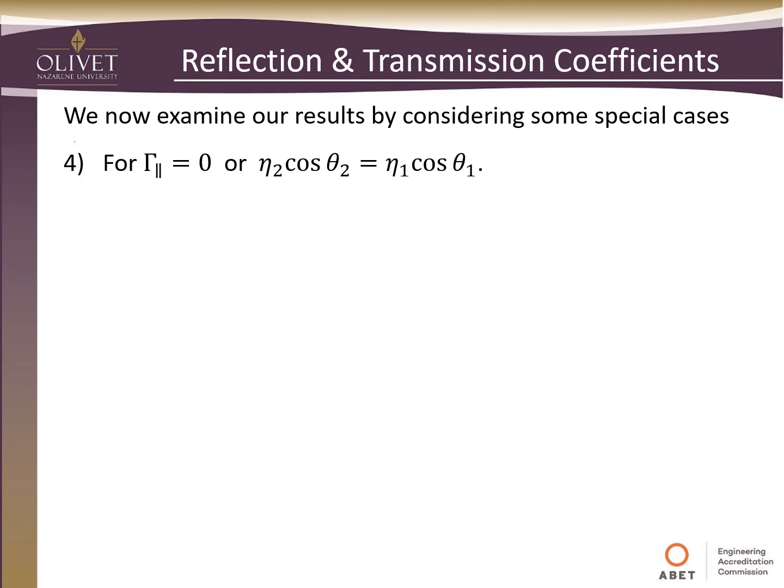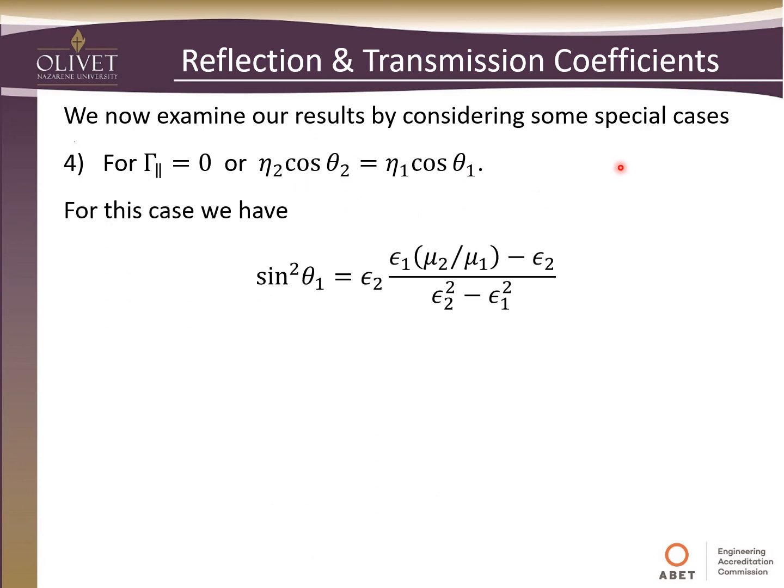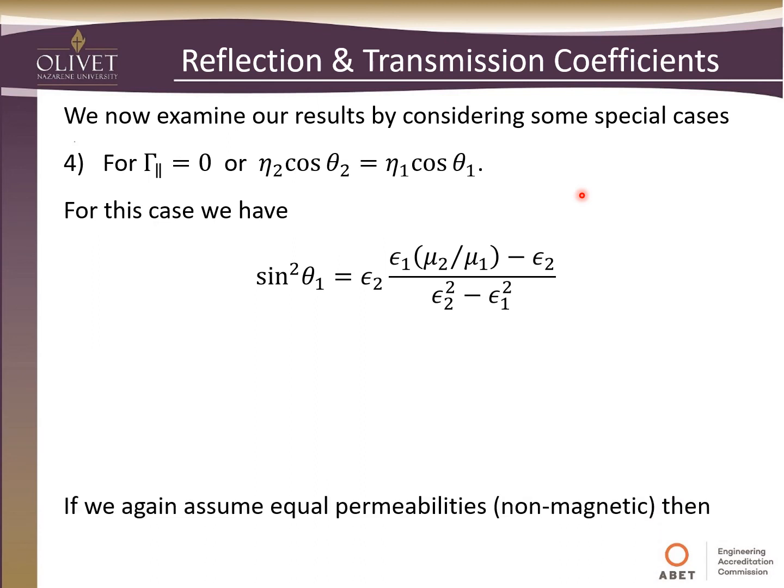So another special case we want to consider is if the reflection coefficient of the parallel component of our wave is equal to 0. And so in this case, now we have this condition, where before we had theta 1 here and theta 2, so now that's reversed. So for this case, we have this relationship involving the physical characteristics of our mediums.